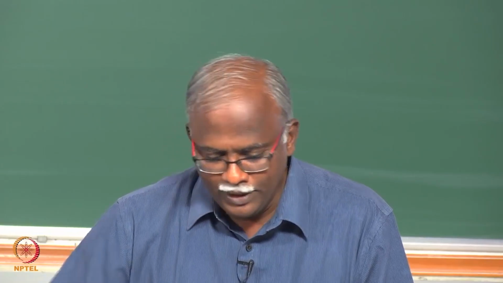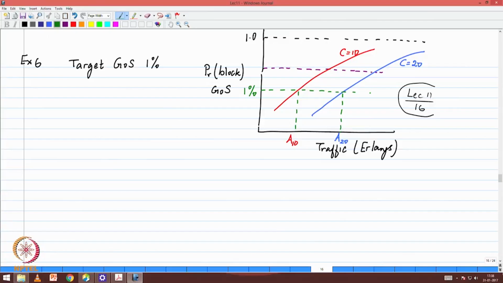Let me close with one more very simple example. This is a situation where my target grade of service is 1%. If you go look at the graphs, there are two scenarios. Each user generates 100 milli Erlangs, which is the same as 0.1 Erlang, or in other words 1/10th of a call hour per hour.